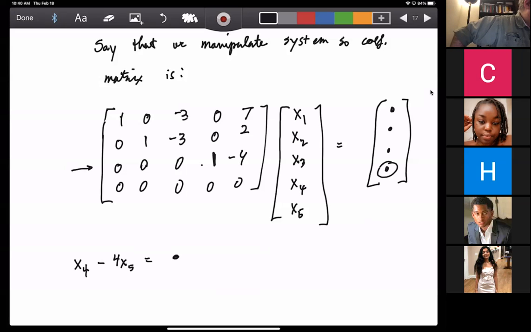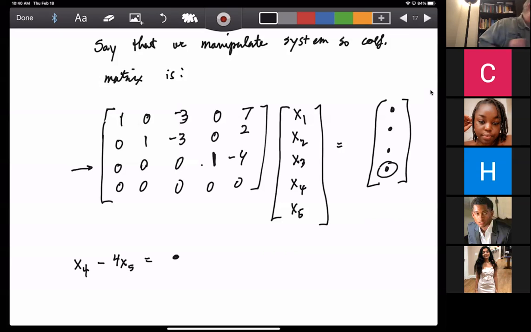Notice that this is a system where there are fewer equations than unknowns. So if it's actually consistent, there are infinitely many solutions. And I'm set up here to basically read off the solutions from this RREF form of my matrix. So I can isolate x4 and write it in terms of x5.